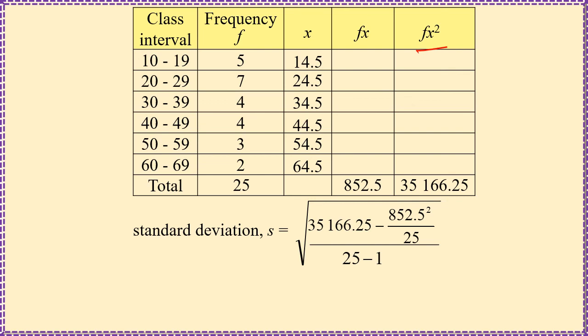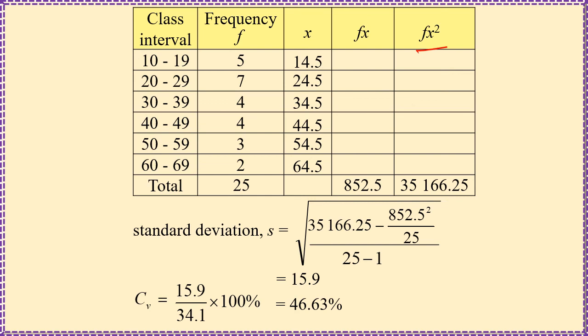And then you just use your calculator, you get the answer for the standard deviation equal to 15.9. Now, for the coefficient of variation, use the formula, which is the standard deviation 15.9 divided by the mean, which is equal to 34.1, multiplied by 100%, we get 46.63%.